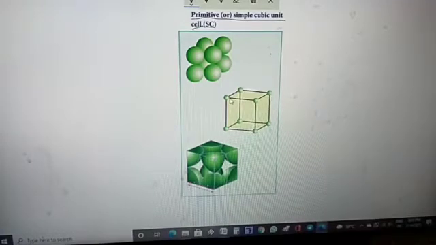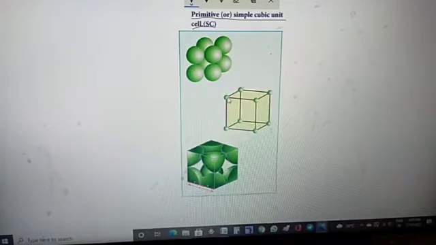For example, if two brothers have 100 crores of property, then each one will get how much? 50% only, no? 50 crores. That means for 2 persons, 100 crores, for 1 person it is 100 by 2, that is 50 crores. In the same manner, here each atom is shared by 8 unit cells.